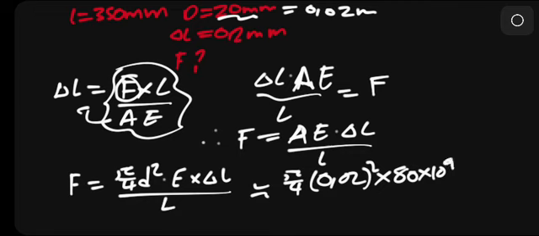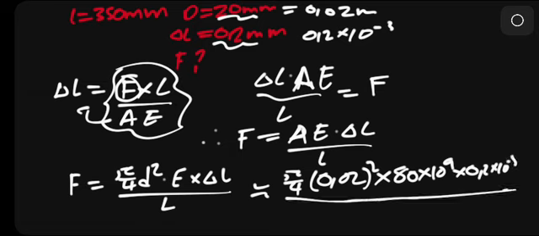The change in length is 0.2, converted to meter, is 0.2 times 10 to the power of minus 3. Then we divide this by the original length, which is 350, the same as 0.35.